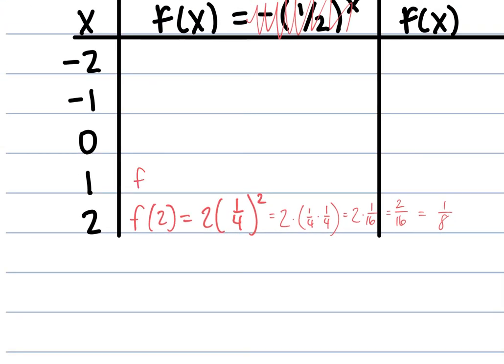Second one, f of 1 is 2 times 1/4 to the first power. Anything to the first power is what? Whatever it was to begin with, right? So this is going to be 2 times 1/4. What does that give me?